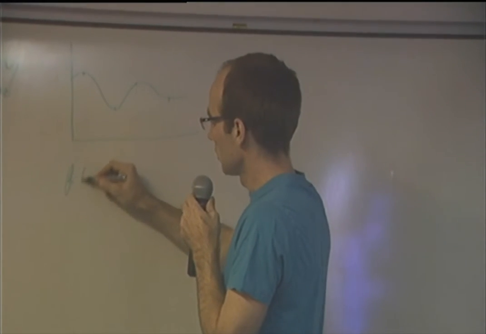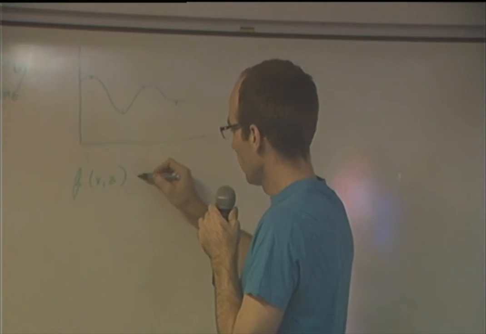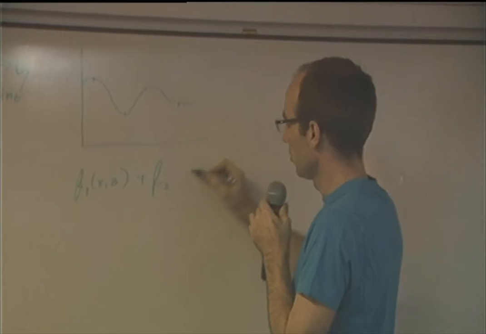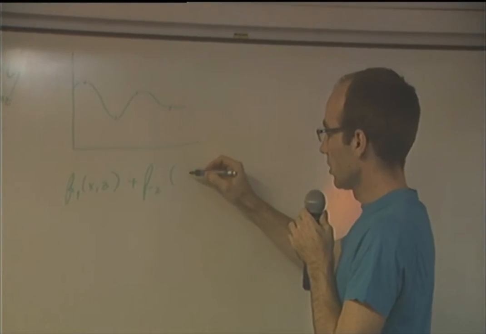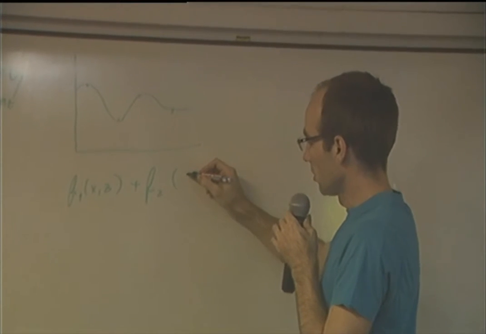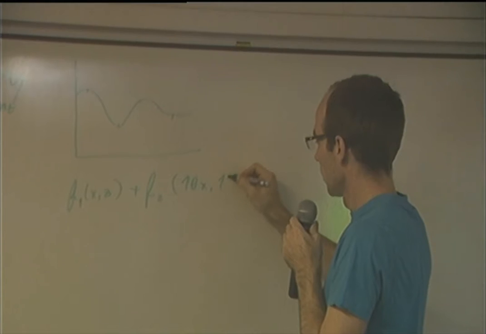Let's say it's f(x,z), and we add another noise, f1 and f2, and we use coordinates that are multiplied by a large number. Let's say 10, for example, 10x, 10z.